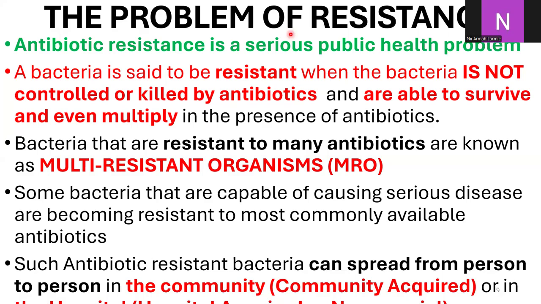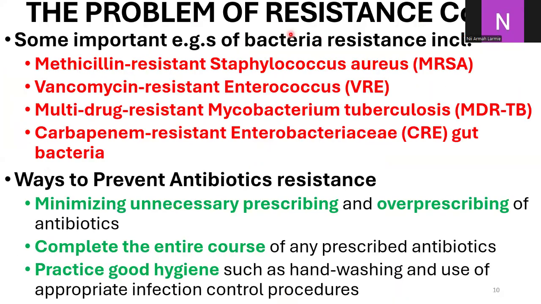So here are some important resistant strains that we have come across or that have been developed over the years. These are very important bacterial resistance that we are still dealing with. Methicillin, which is a penicillin that was designed for Staphylococcus aureus: we have some Staphylococcus aureus bacteria becoming resistant to methicillin.